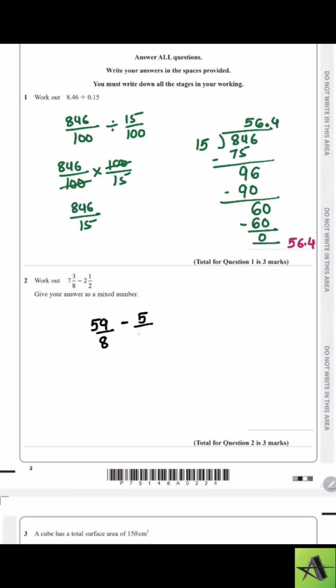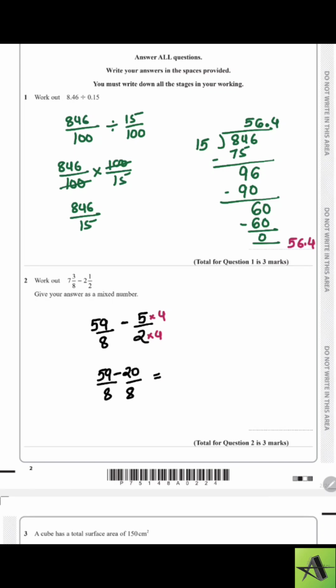So 5 over 2. Whenever we solve any fraction, we have to make the denominator the same. Here, the denominators are 8 and 2, and I need to make the denominator 8. So multiply it with 4 and multiply it with 4. 59 over 8 minus 20 over 8.